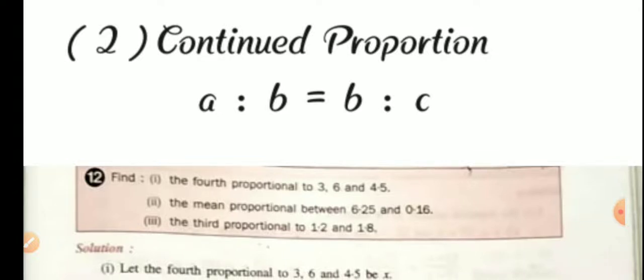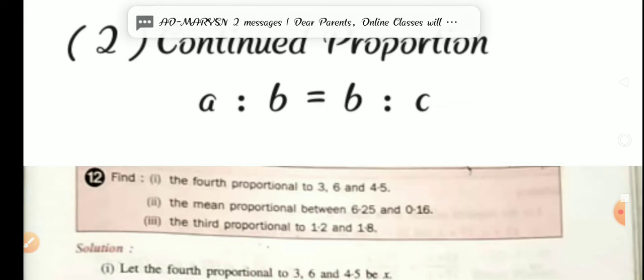After that, continued proportion. Three non-zero quantities, suppose A, B, C, are said to be in continued proportion if A is to B is equal to B is to C. It means the ratio of the first and second quantity is equal to the ratio of the second and third quantity. Here A is called the first proportional, B is called the mean proportional, and C is called the third proportional.